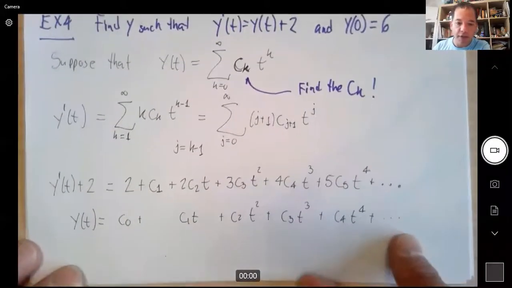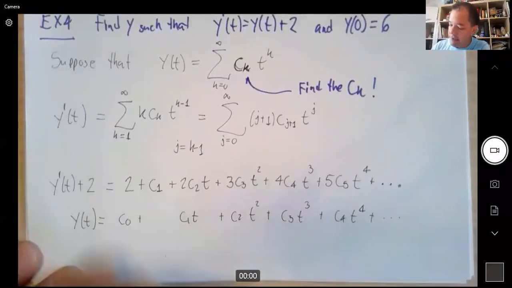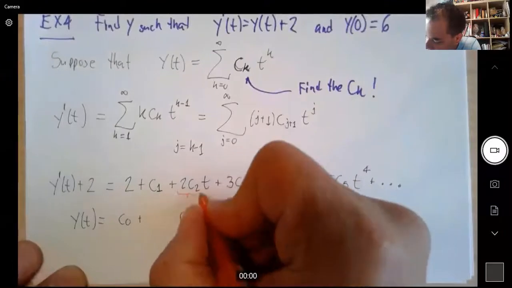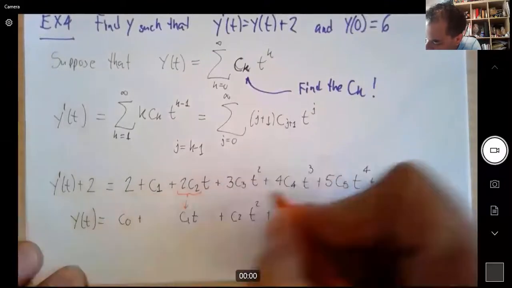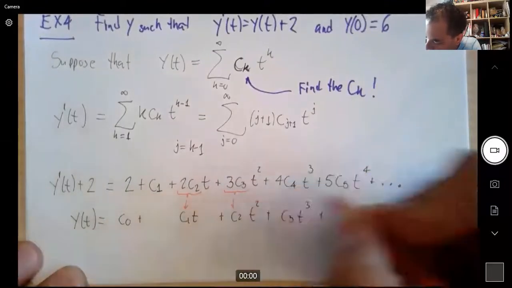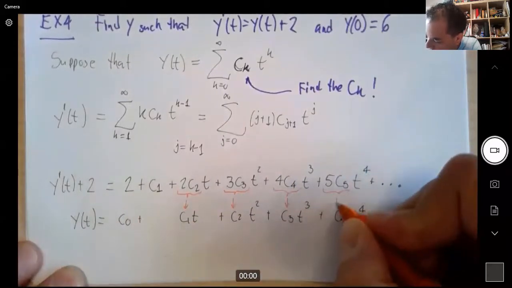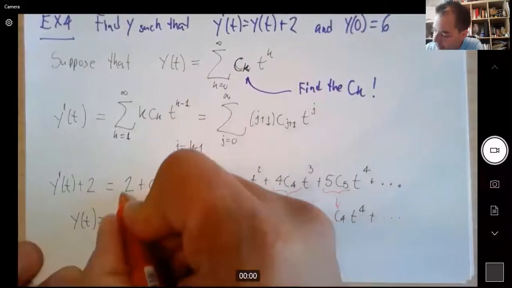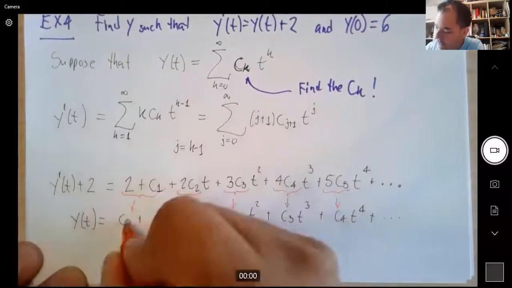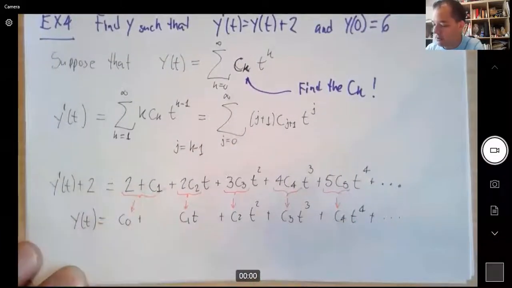Why am I spacing it weirdly? Well, because since these two are the same, then these numbers have to be the same. This one has to be the same as c1. This one has to be the same as c2. This one has to be the same as c3, etc. Right? Starting with this, 2 plus c1 has to be the same as c2.